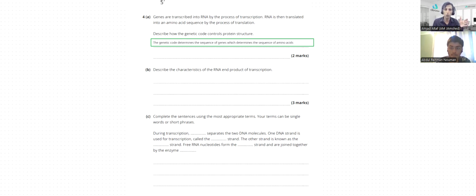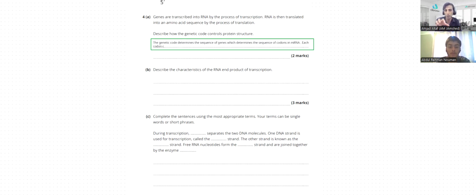Each codon, as we know, codes for a specific amino acid, which determines the order of amino acids in a protein. Definitely that's affecting its structure. Are you getting this point, Abdul? Yes, this is how you can answer this.